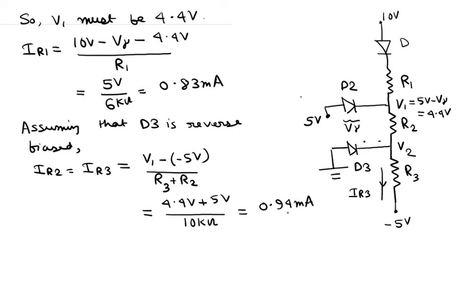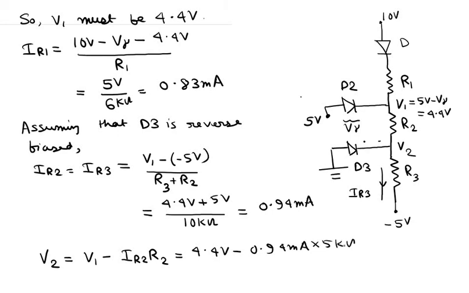Okay, and since we have got the current through R2, we can easily find out the value of this voltage V2. So V2 is basically V1 minus IR2 into R2, and V1 was 4.4 volts as I stated earlier, minus IR2 into R2. So IR2 is 0.94 milliamps into 5 kilo ohms, because R2 is basically 5 kilo ohms as given in this question, and this becomes minus 0.3 volts.